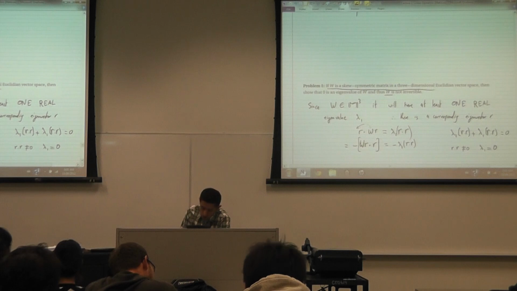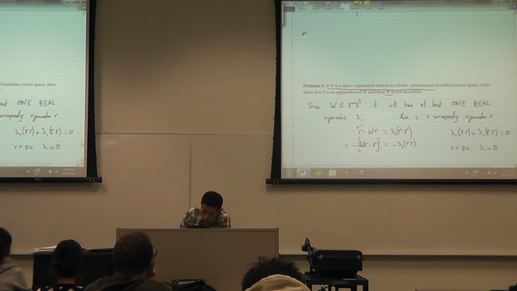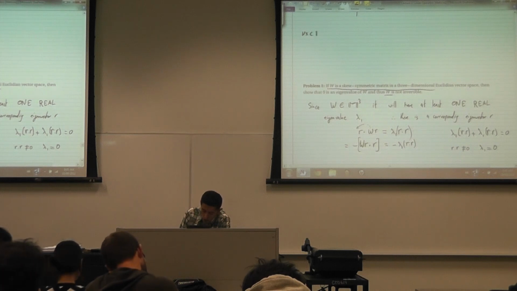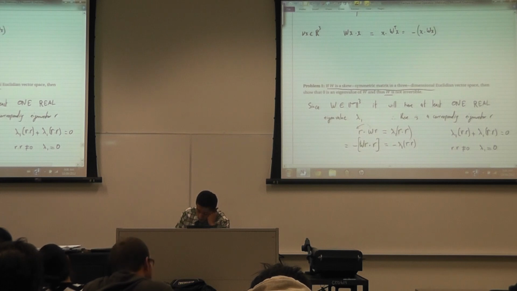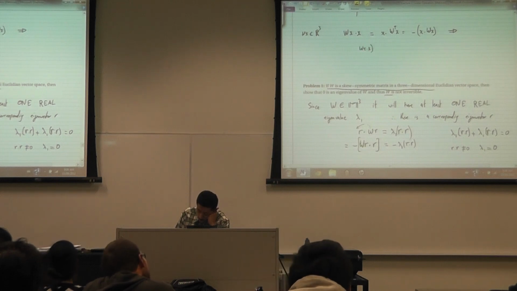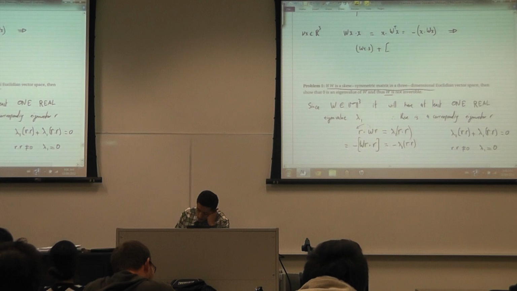Now, there is just some property that I forgot to show you. For every x in R3, Wx dot x is equal to x dot W transpose x. W transpose x is equal to negative x dot Wx. From here, I have Wx dot x plus Wx dot x is equal to 0.